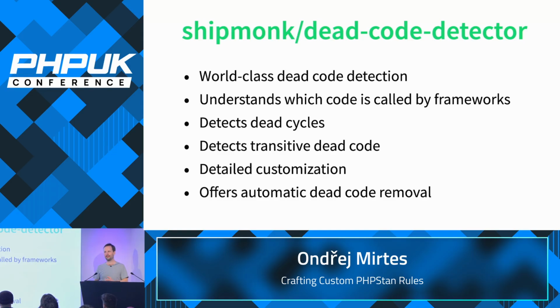You can make it understand even custom framework code. For example, if your method is magically called from outside by your framework, you can mark it as used, so it does not have any false positives. It's really awesome. I recommend you check it out.